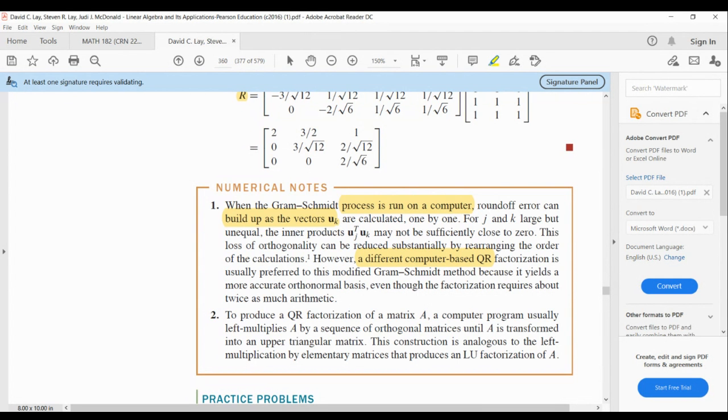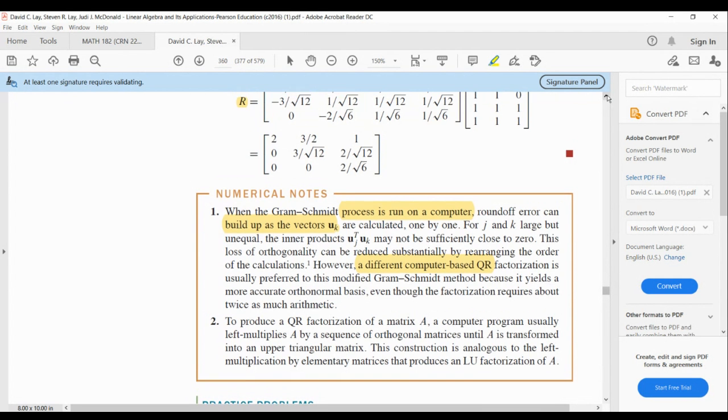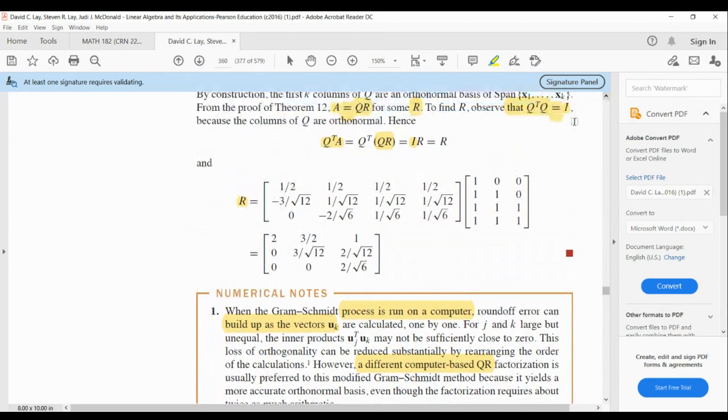One thing I'll mention too: you notice here in the matrix R, they have square roots. MyMathLab wants exact R, not decimals, and I'm going to want that too. But the square root of 12 in this matrix R, they don't write as 2 root 3.